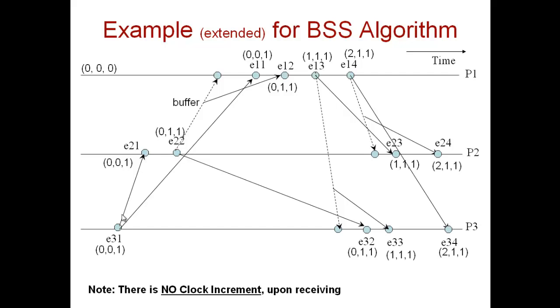When a process receives a message with a particular timestamp, that timestamp indicates the number of messages that have been broadcast by the sender process to all the other processes. Of course, it has other information too, the number of messages that have been broadcast by the other processes, which the sender process comes to know. So that indicates what has been sent so far in the system.